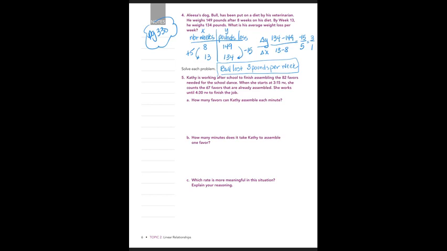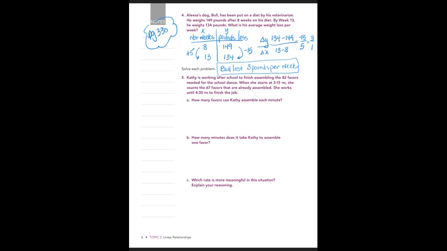Okay, let's see how you did. First of all, the dog is losing weight. So we know that after 8 weeks, the dog weighs 149 pounds. After 13 weeks, he weighs 134 pounds. So he is losing weight. So our points are 8 and 149, 13 and 134. And we know that the amount of weight the dog loses depends on the number of weeks that they have him on this diet.